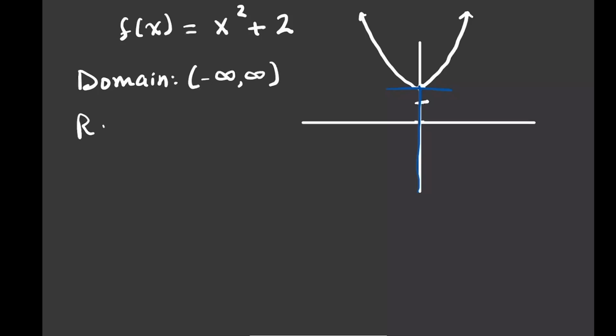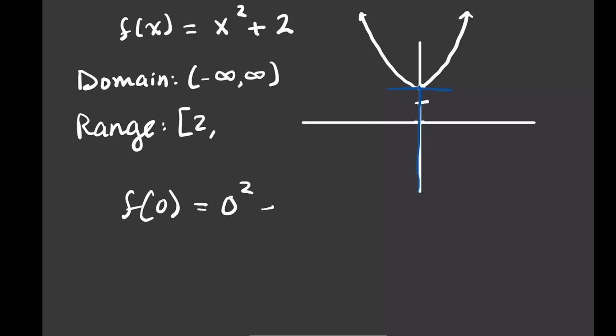So my range starts from 2. I include the 2 because if I input a 0, f of 0 is 0 squared plus 2, so my output would be 2. So 2 is defined in the function, so I put a bracket. So it's from 2 to infinity for my range.